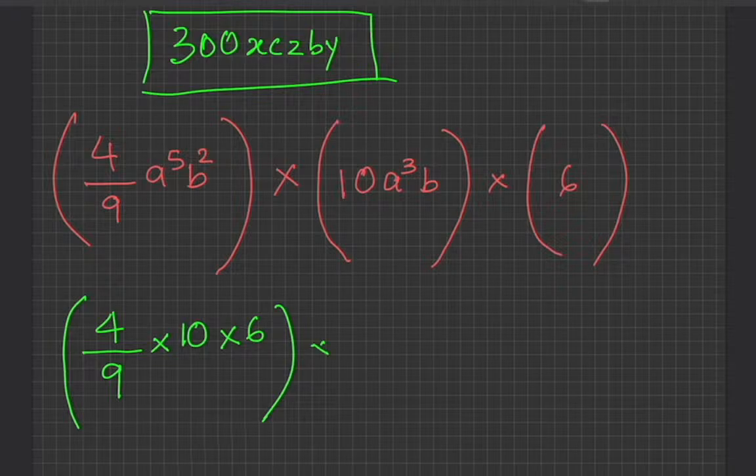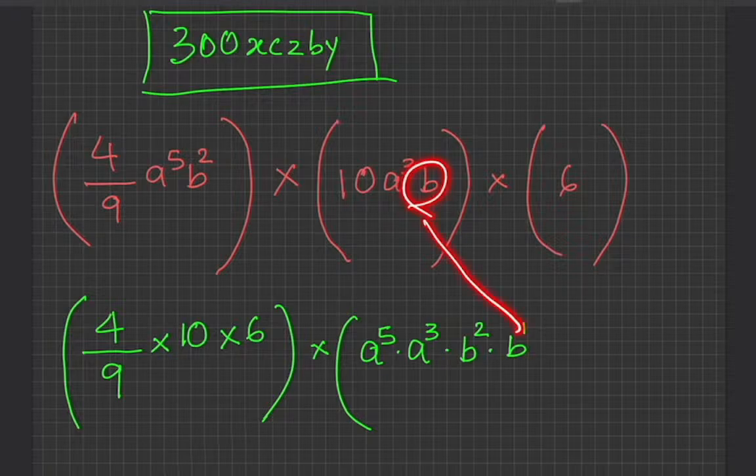And then multiply the variables, that is a to the power 5 times a to the power 3 times b to the power 2 times b to the power 1. So that is b, and it is b to the power 1. So I have just grouped them now.